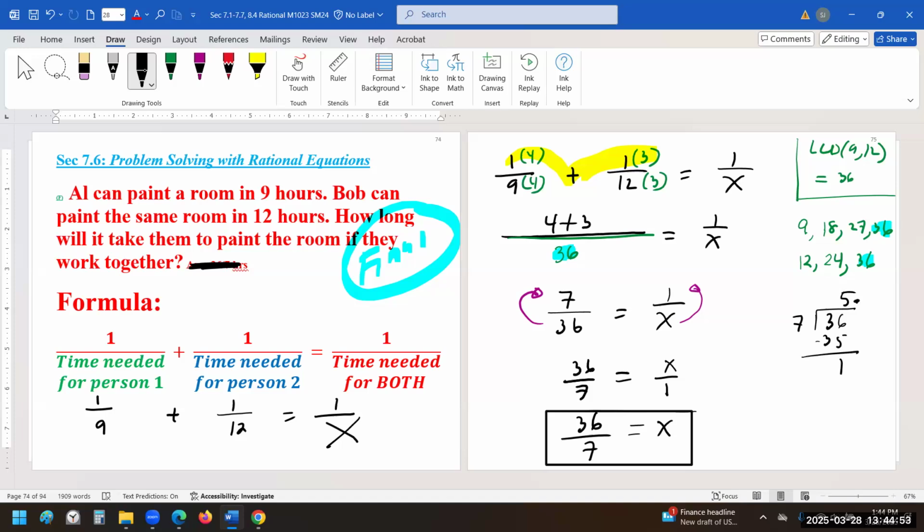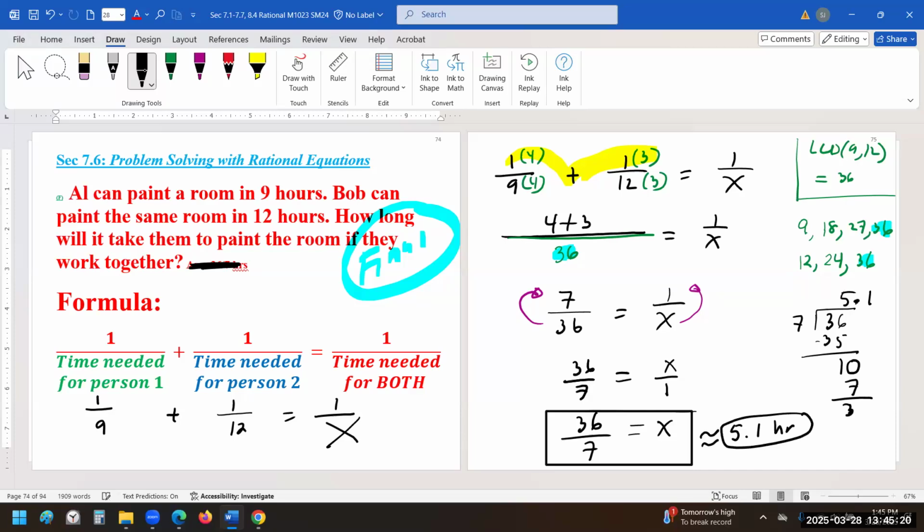So we put a decimal here, and the 1, we can turn this into 10. Now 7 goes into 10 how many times? 1. We get 7, we get 3. You can keep going on, but you already got some idea. How long does it take to work together? 5 hours, and then a little bit more.